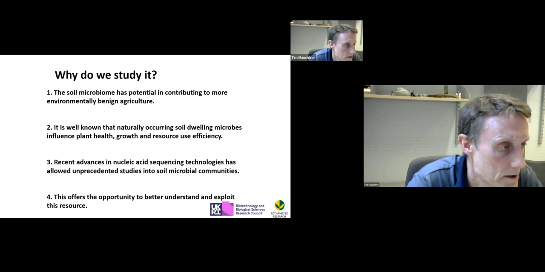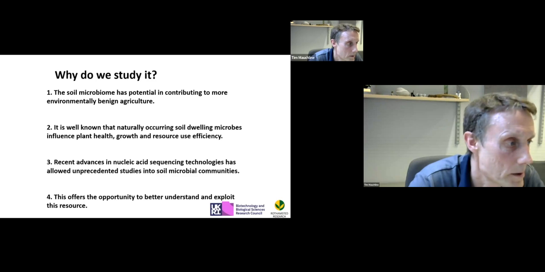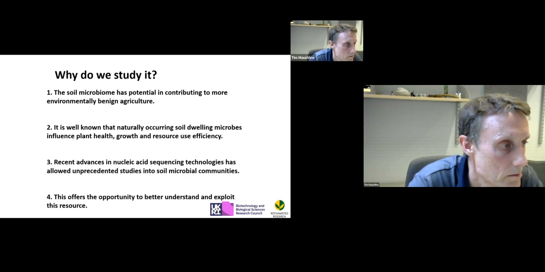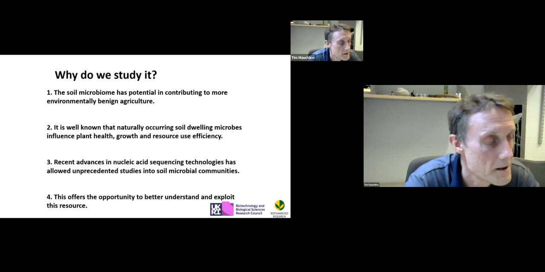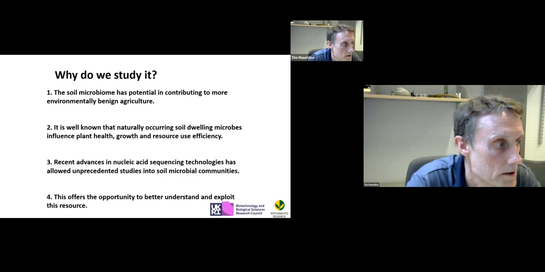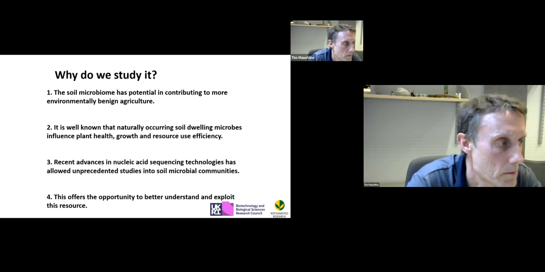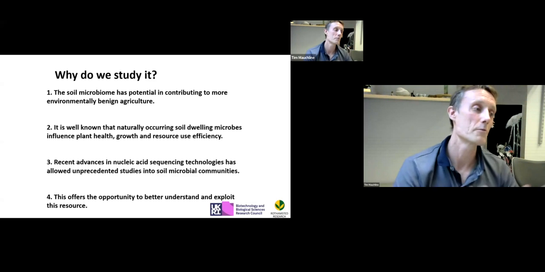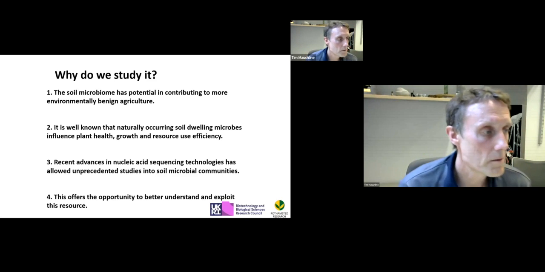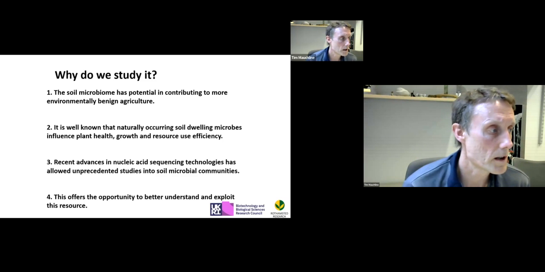I touched on rhizobia just a moment ago, but in addition to rhizobia, there are other microbes which can be beneficial to plants, such as arbuscular mycorrhizal fungi. But we think there's a lot more to the microbiome than just those two examples; there's a broader component of the microbiome which we think can be beneficial for plant health.